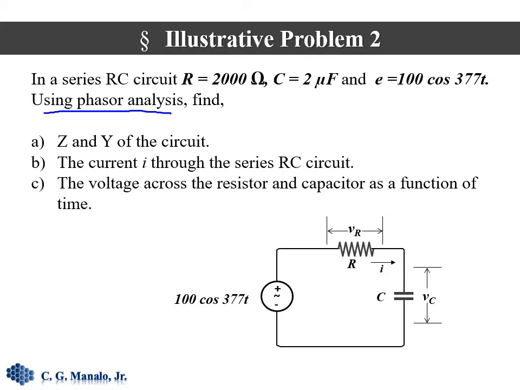One note is that when we are required to get the quantities in lower case, we usually refer to the time domain solution of those quantities. So for the current here, the final answer should be expressed in time domain form. Likewise for V sub R and V sub C.